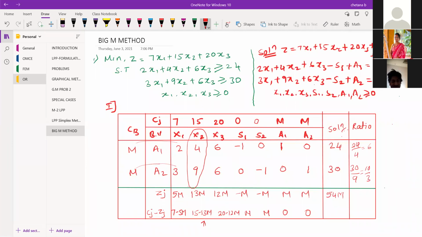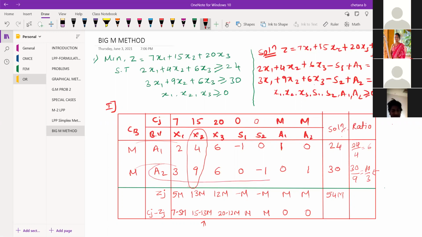Now out of 6 and 10 by 3, which is the minimum value? 10 by 3 is the minimum. So you need to mark this row.